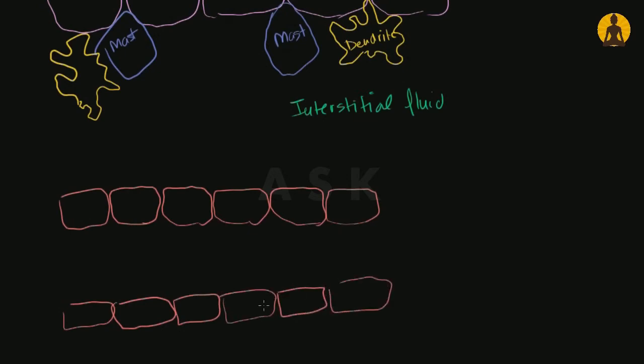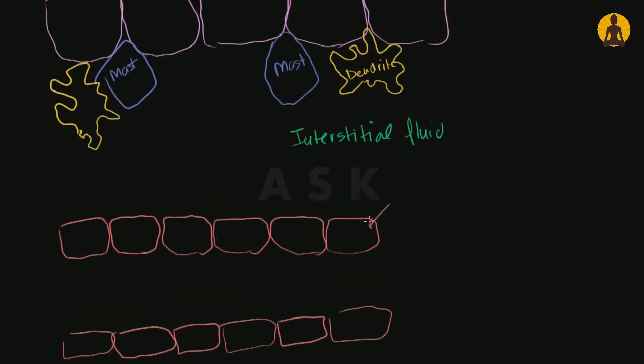If I were to draw it as a tube somehow, it's not like it's a sandwich, it's actually a tube, and obviously everything is in cross section. So these are capillary endothelial cells, and spelling is the hardest part. And of course, right in here, this is where we have our blood flowing, and we'll have red blood cells in here.